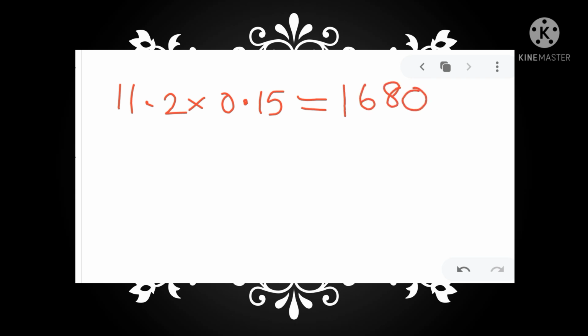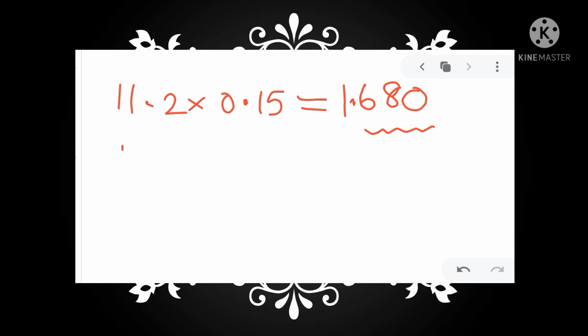The next one, 11.2 into 0.15. Here after multiplying we will get the product as 1680, but we want to write the decimal point with decimal places 3, so the answer is 1.680.